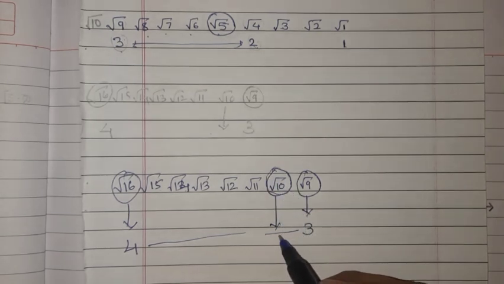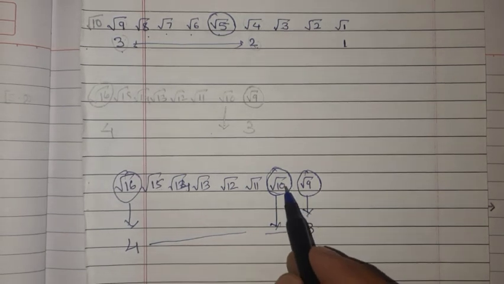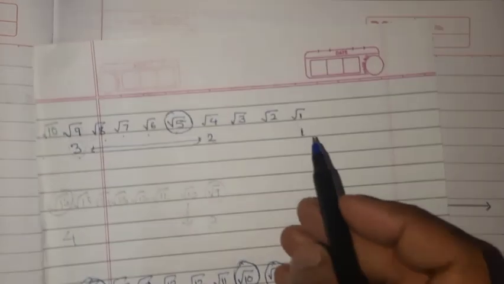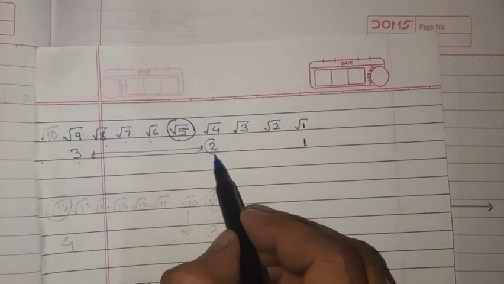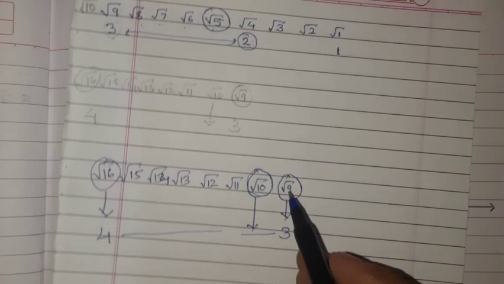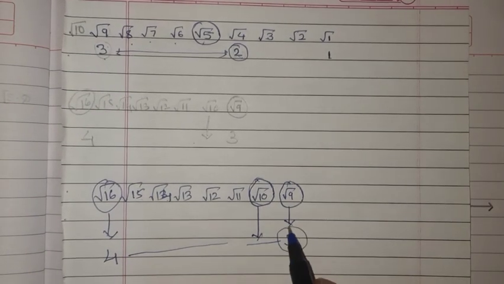We know that now root 10 lies between 3 and 4. As we found root 5 lies between 2 and 3, we drew the perpendicular line on point 2. Similarly, our point root 10 lies between 3 and 4. Therefore we have to draw the perpendicular line on point 3.